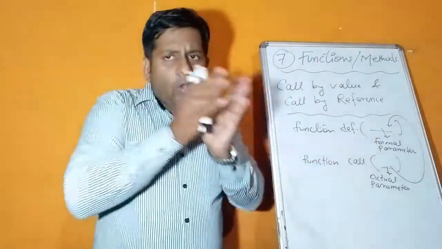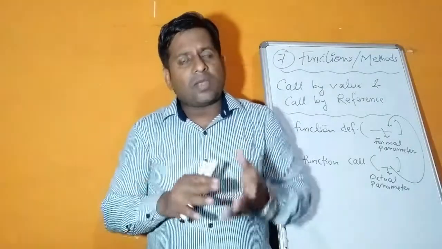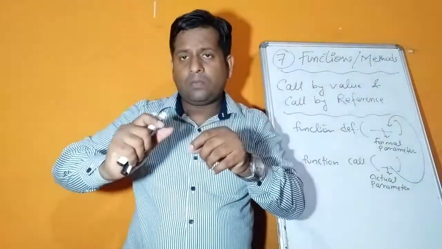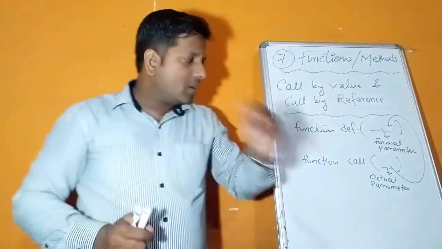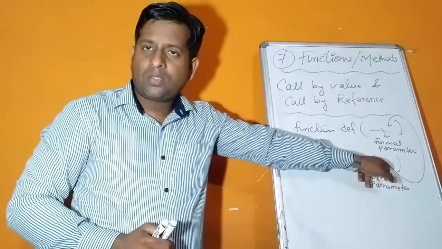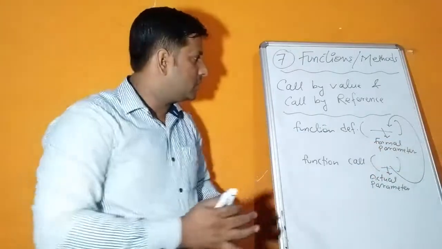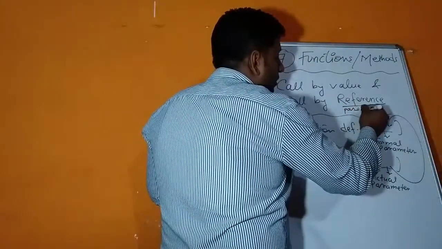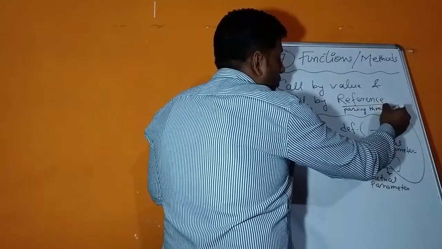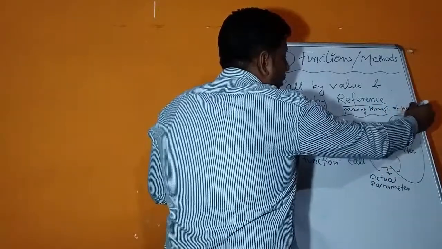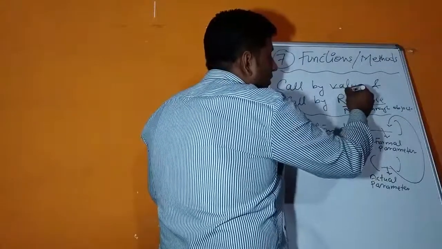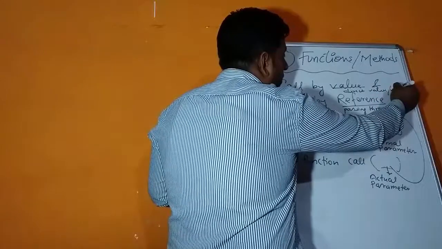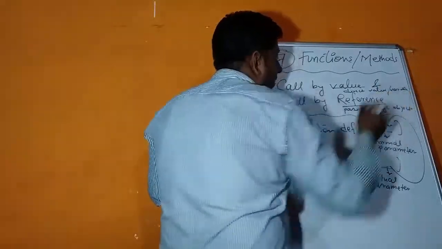But another way is also there to pass a value. That is call by reference. Reference means through someone, not directly. Passing through an object. Call by reference means passing through an object, and call by value means a direct value or variable.